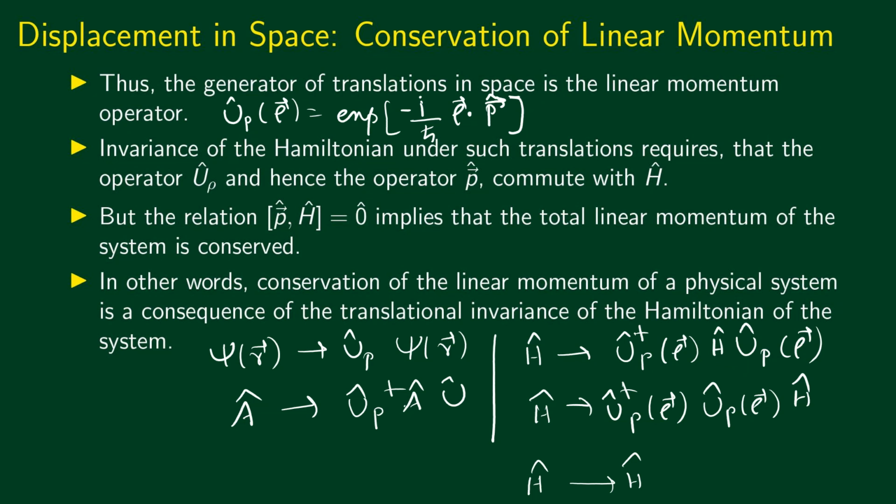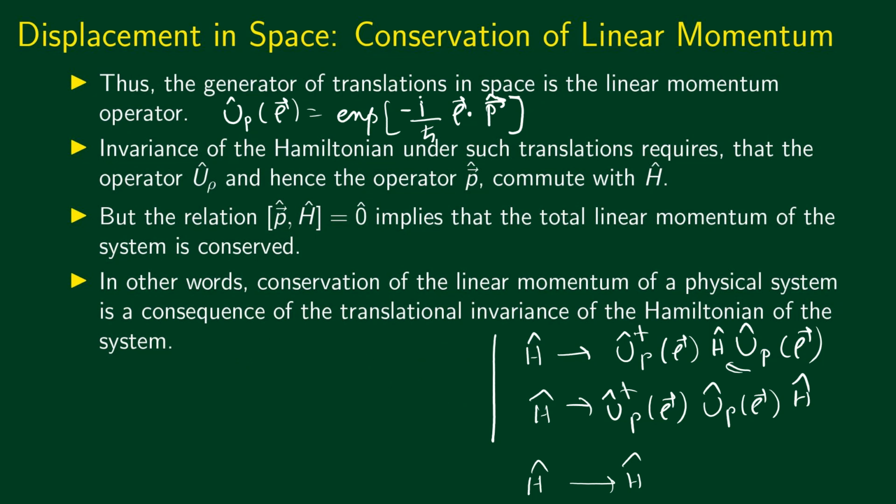When is H invariant? H is invariant if the unitary operator corresponding to the transformation commutes with the Hamiltonian. Now, what's this unitary operator corresponding to translations? It is exponential of minus i over h bar, rho vector dot p vector hat, and we have a p vector operator in here.